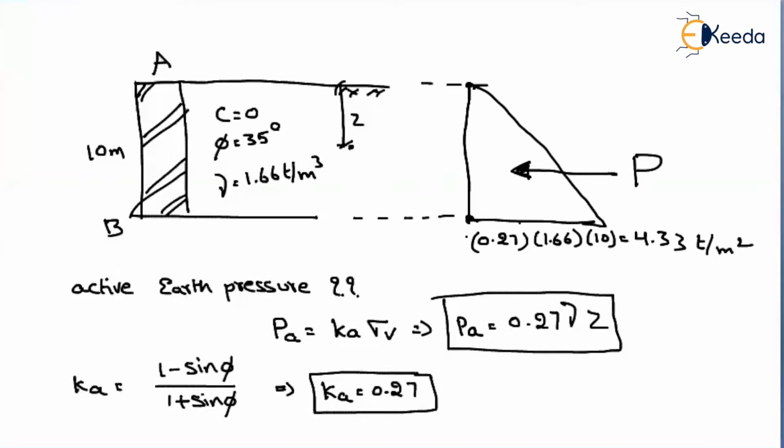Now what is that magnitude? That is nothing but the area of this diagram. What is the area of this shape? Triangle. So what about the capital P value? That will be nothing but half into 10 into 4.33. How much you are getting? Your active earth pressure, if you solve that, you are getting it around 21.67 tons per meter.